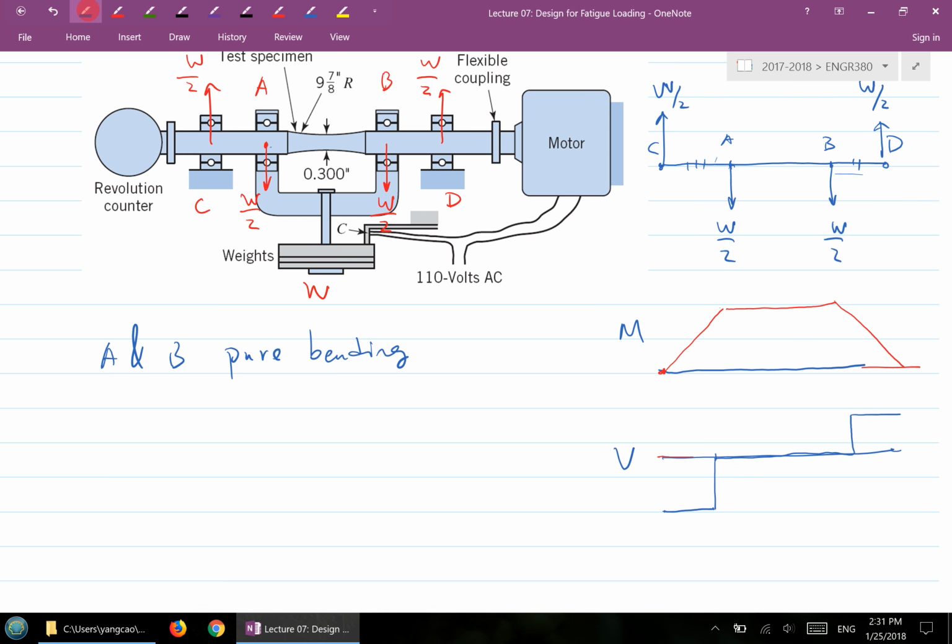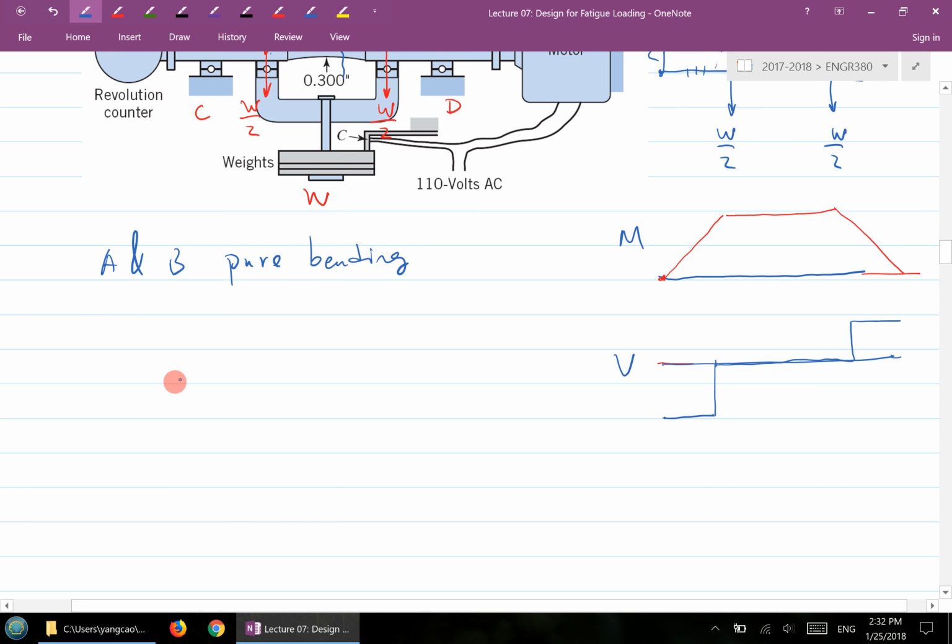Which means if you cut a cross section between A and B, then along that cross section, there should be only this bending moment. Is that good?